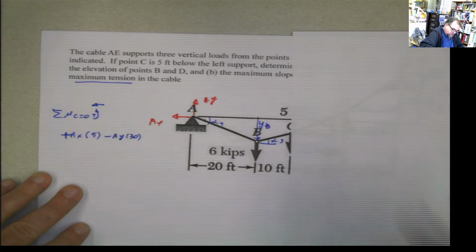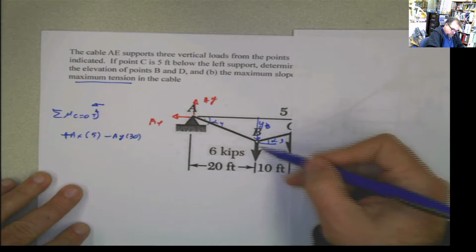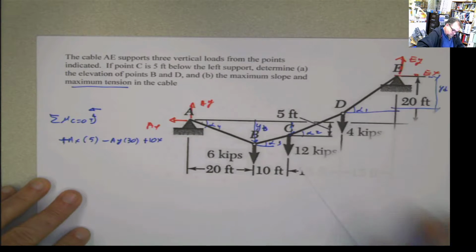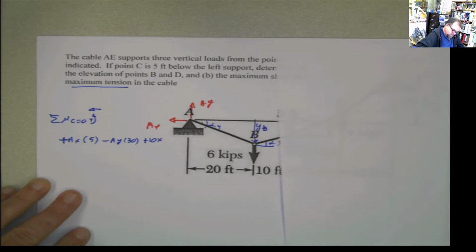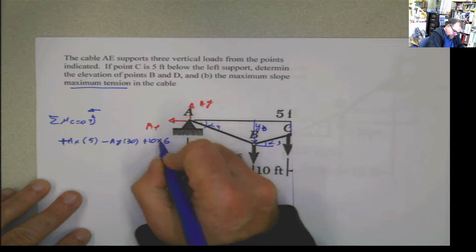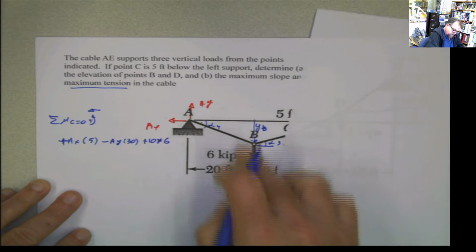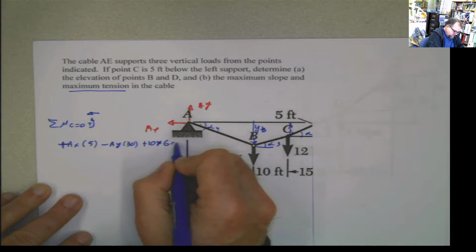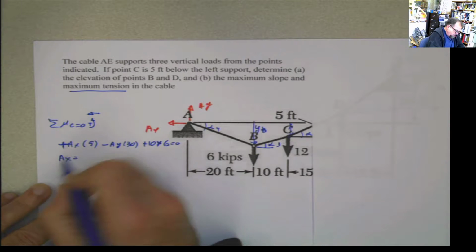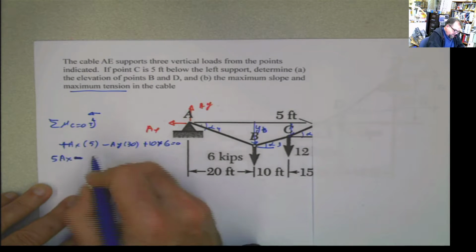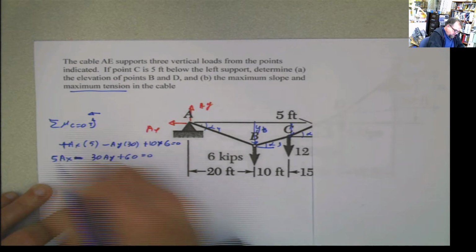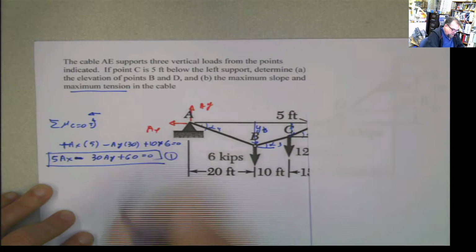And then you have plus 10 multiplied by 6. I mean 6 is the load, 10 is the distance. 10 multiplied by 6 equals 0. From here I can calculate AX in terms of AY. Let me put it like an equation: 5AX minus 30AY plus 60 equals 0. And I'm going to call that equation 1.